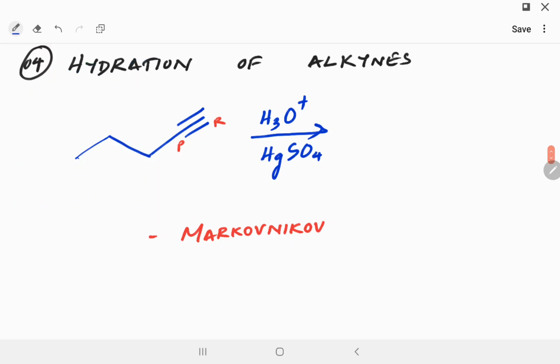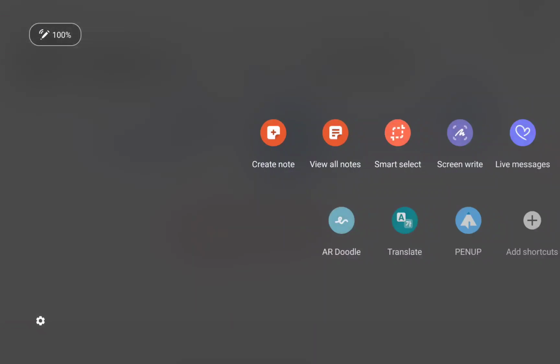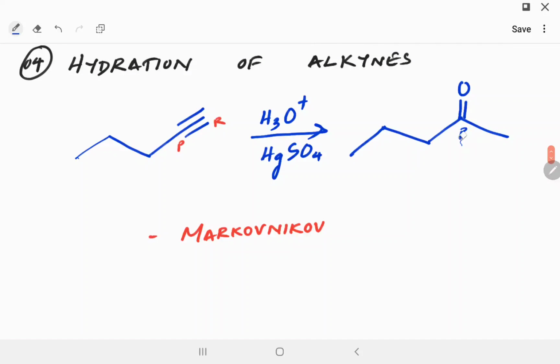And then it has 5 carbons, so 1, 2, 3, 4, 5, always count them. The poor carbon will get the oxygen and the rich carbon will get the hydrogens. This is the poor carbon, this is the rich carbon. But these are of course imaginary, don't put P and R everywhere, people will get confused. So that is how it happens.